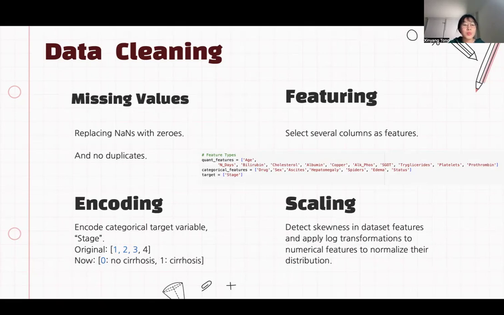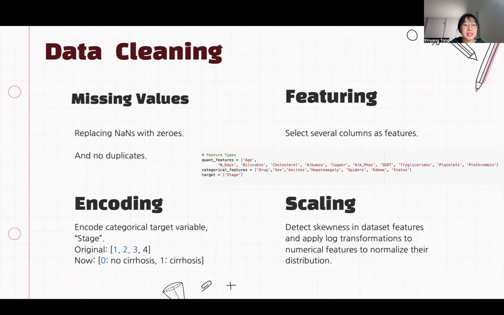And next, we come to the encoding. The original stage has four values: 1, 2, 3, and 4. After the encoding, we only have two values, 0 and 1, which means we have a binary classification model.